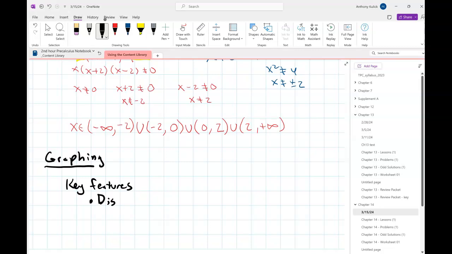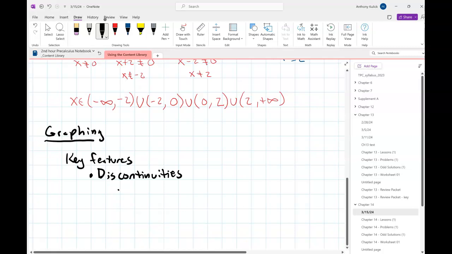The first key feature are the discontinuities. And there's 2 types. So the first is a vertical asymptote.